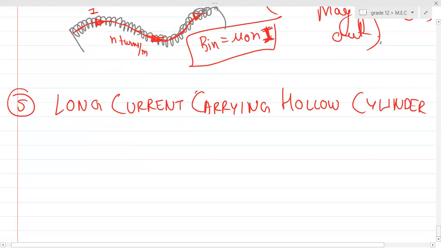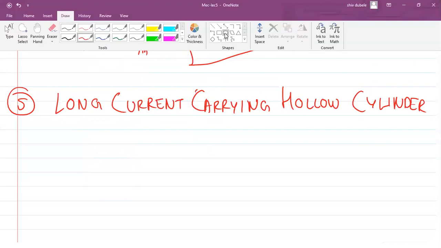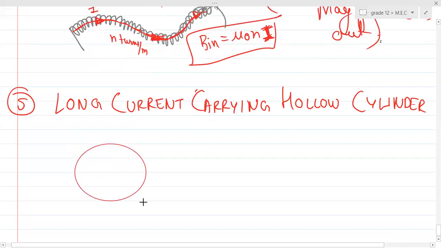So whenever you have a current carrying hollow cylinder, can you see the thickness is very negligible as compared to the radius.